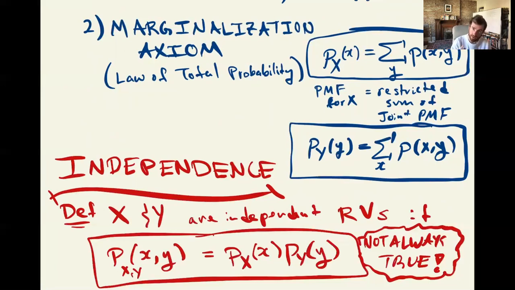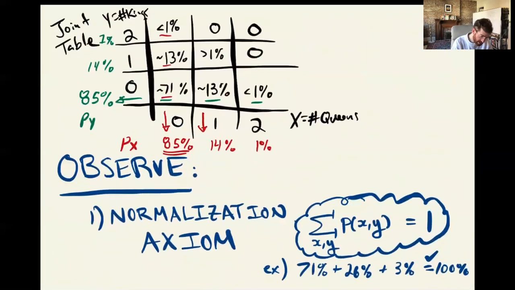Now, one thing I want you to notice in this case is that if the probability mass functions for x and y are both non-zero for a certain pair of values x and y, then this necessarily implies that the joint probability mass function has to be non-zero for those. And in this case, we actually see that that's totally wrong.